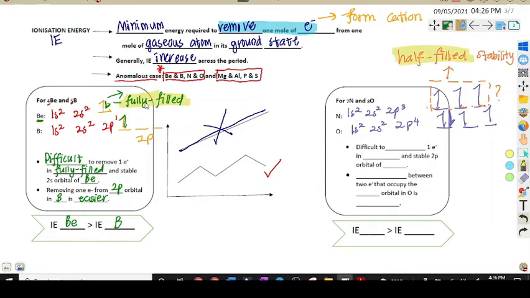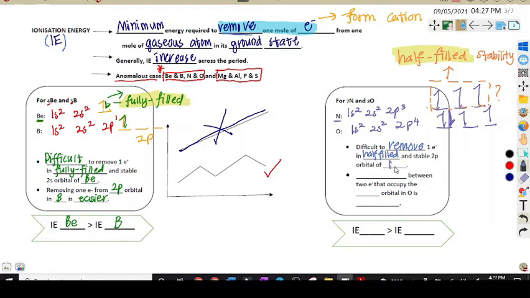And these 2 are stronger than any partially filled orbital diagram. So it would be difficult to remove. Remember that we are talking about IE, so we need to remove an electron from the half-filled and stable 2p orbital of nitrogen.